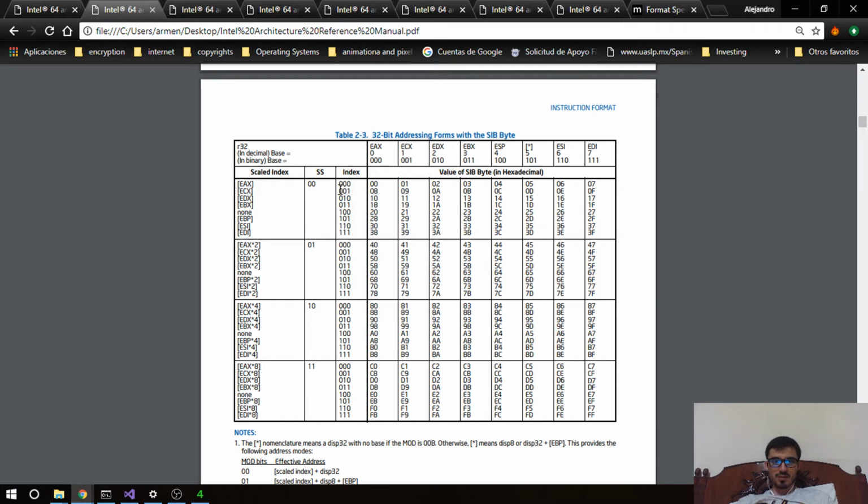The scale is 0 and the index is 0, we'll have EAX encoding.